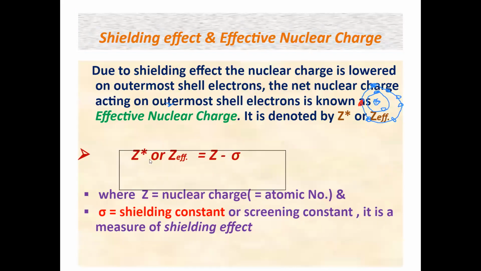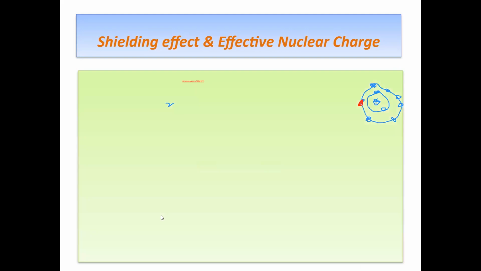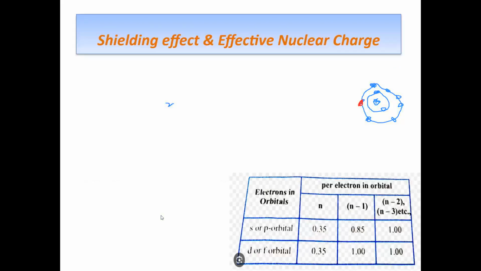See this formula. What is Z star equal to? Z minus sigma. Z is the nuclear charge or atomic number. Sigma is the screening constant. Till now, what you have calculated is only the screening constant. So I have to substitute it in that formula here.